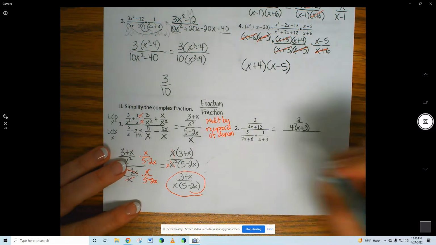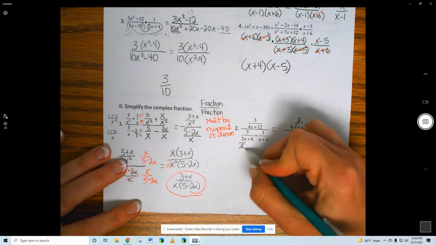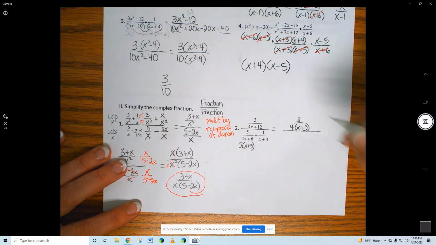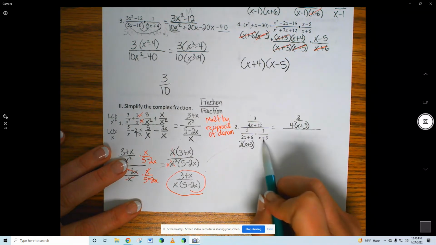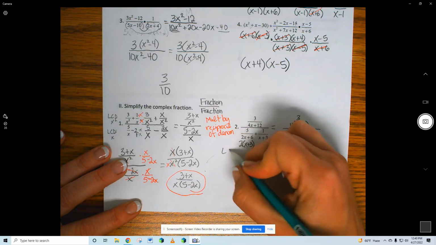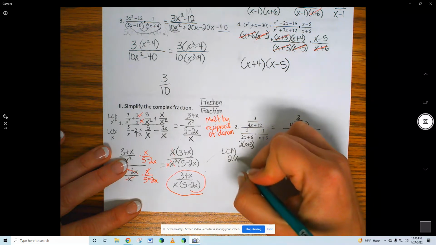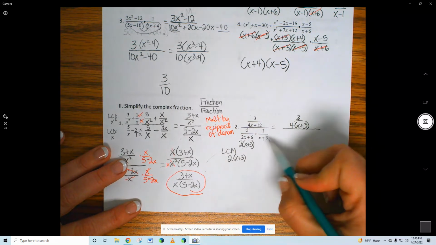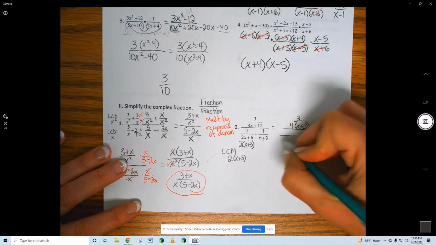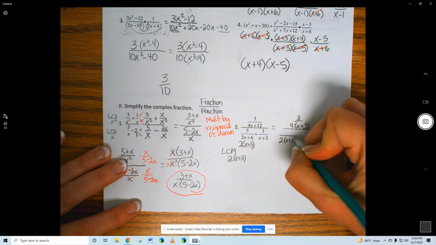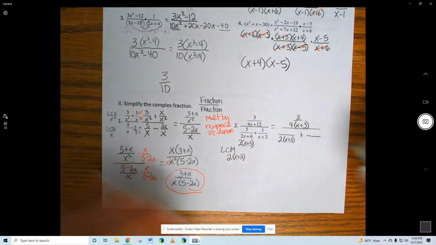Now here, 2 and x plus 3 is going to be my GCF factor form here, and this is x plus 3. My least common multiple is 2 times x plus 3, because I have to include everything. So that means I'm going to have my new fractions.